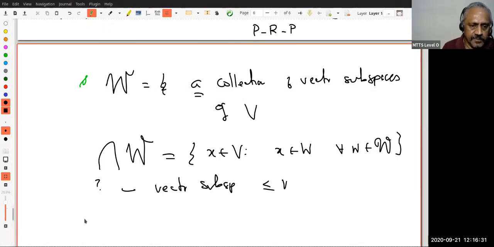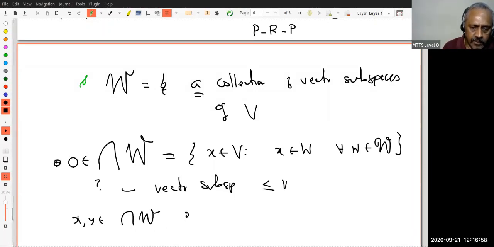This is a question. So let us first notice that 0 belongs to this. 0 is a vector. Does it belong to this? Yes, because 0 belongs to W for each and every W in script W. Therefore, this intersection has the 0 vector. Do you follow that? Next, suppose X and Y are in the intersection. This is just a notation, remember?